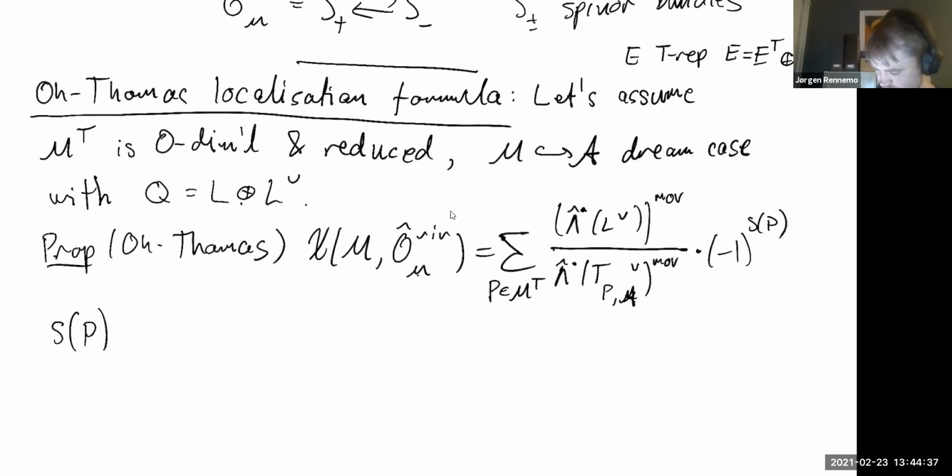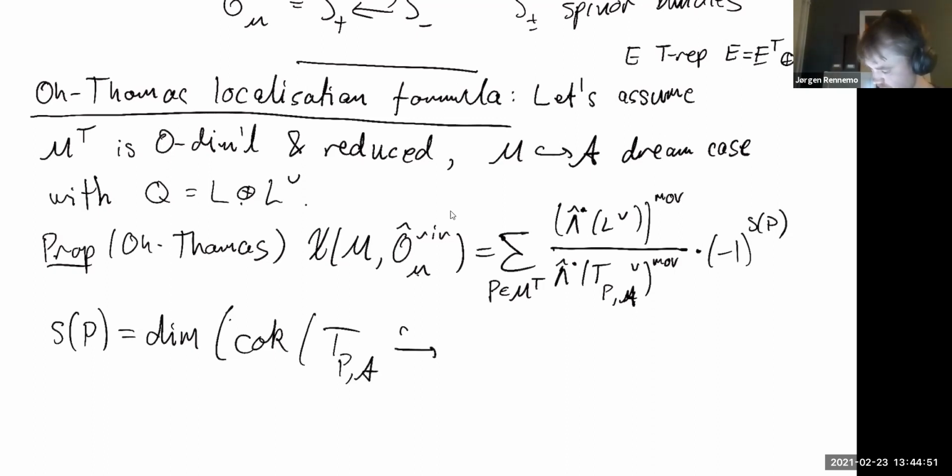This thing is the dimension of the T fixed part of the co-kernel of this thing.